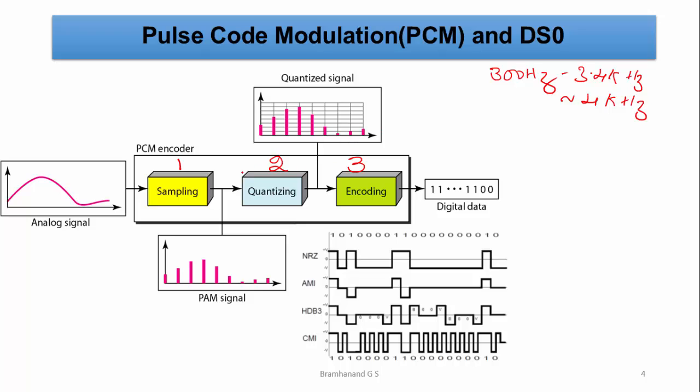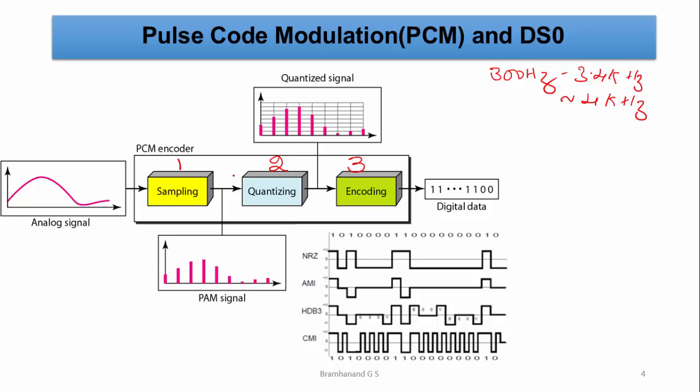If we need to convert any analog signal into a digital signal and get it transported over any media, these signals have to undergo sampling, quantization and encoding.